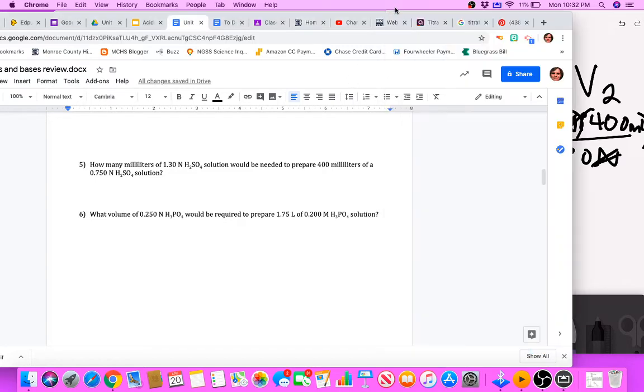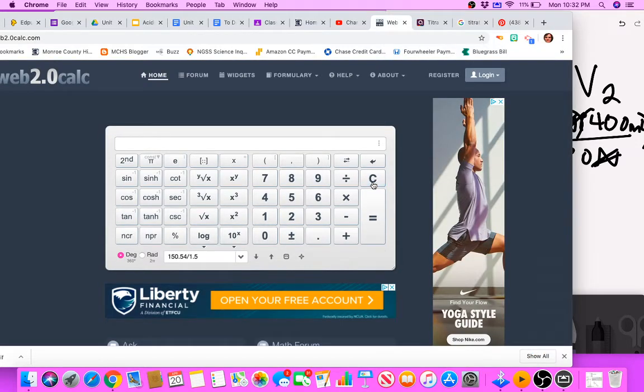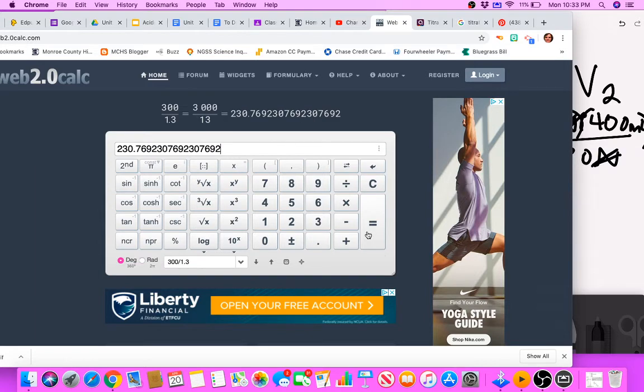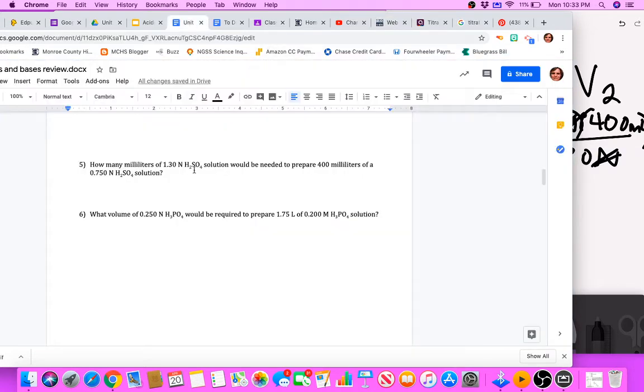Let's go to our web calculator and make sure we push clear. 0.750, I'm just going to type 0.75, times 400 equals, then divided by 1.30 equals. If we go back and look at our problem, the least number of significant digits looks like it's right here with the 1, but I'm going to put a decimal there because I don't like my answer having just one significant digit.